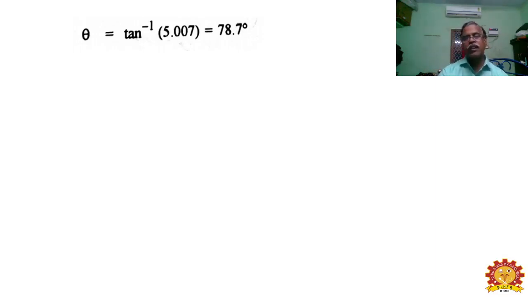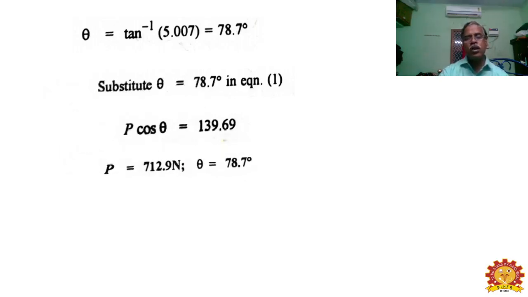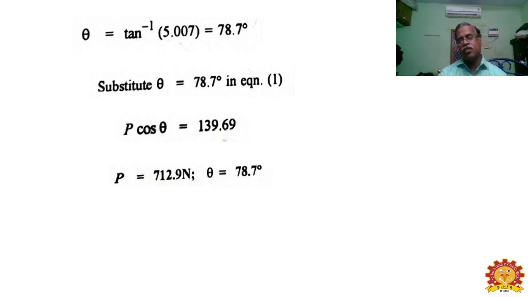So you have found the angle theta, and now substitute the theta value in equation 1 or 2. So if you substitute in equation 1 or 2, the theta angle will vanish, and the one more unknown is nothing but P. You can find the P value very clearly: P cos theta is equal to 139.69, and theta is known here, so you can get P is equal to 712.9 Newton, and theta is equal to 78.7 degrees.